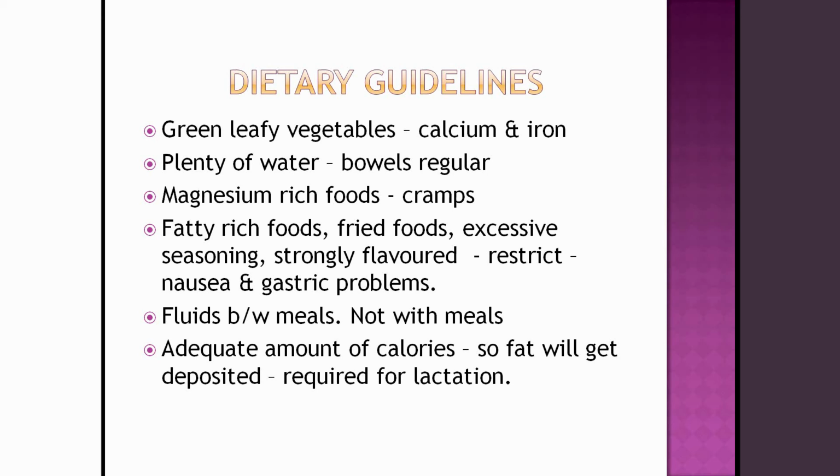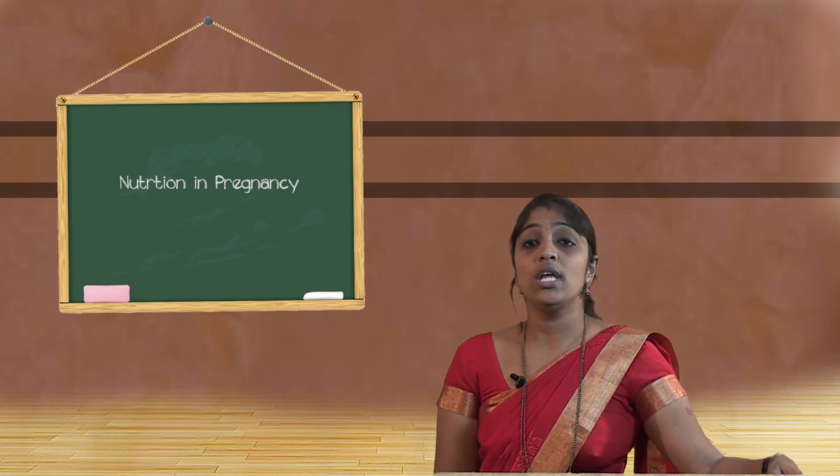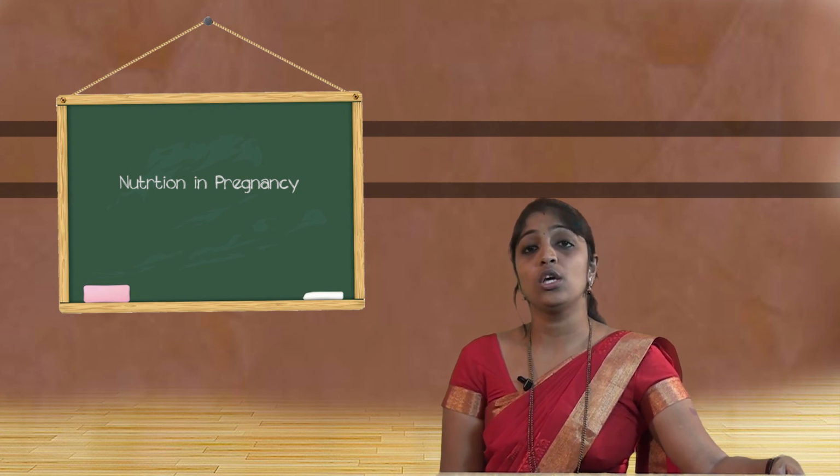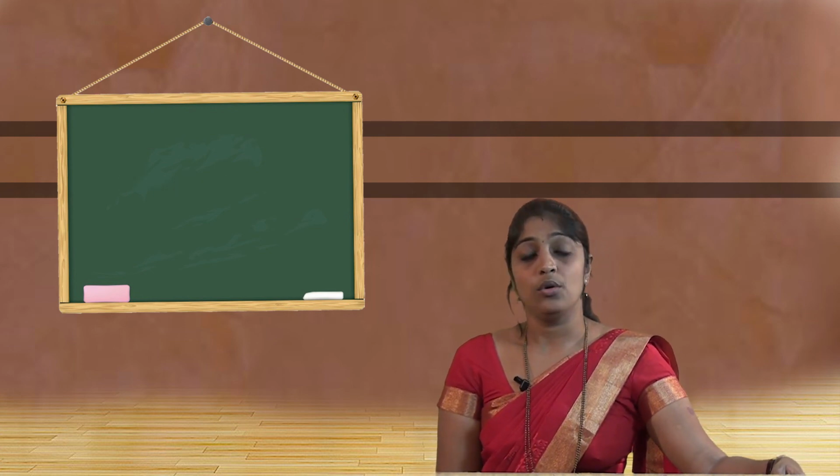Restrict fatty foods, fried foods, excessive seasoning and strong flavored foods; then nausea, gastric problems and vomiting will be reduced. You can give fluid between the meals, not with the meals. And give adequate calories so that fat is deposited, which will be required for lactation. Okay. Thank you.